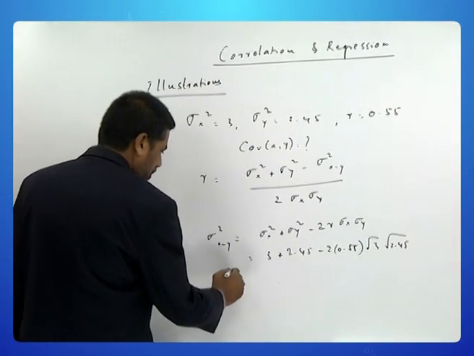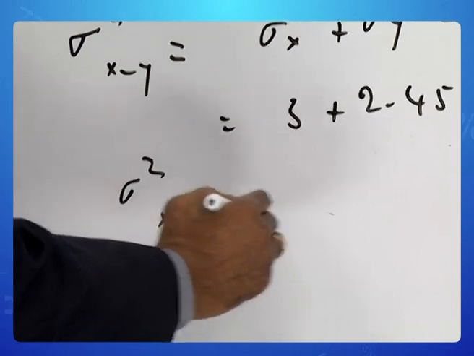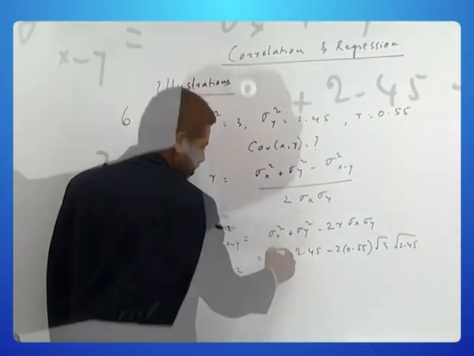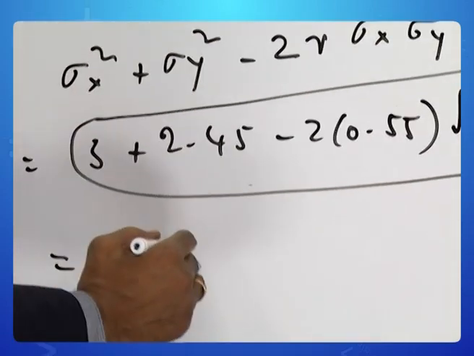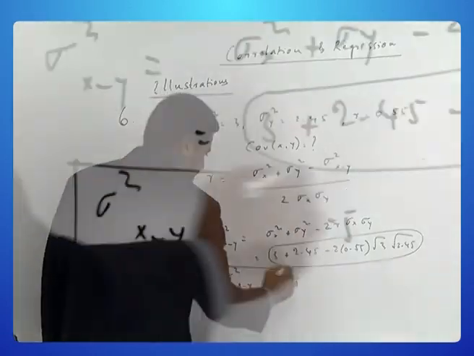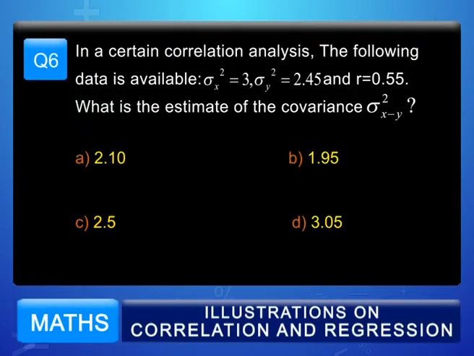So you will be able to estimate this particular value, approximately 2.5, which you will find in option C.